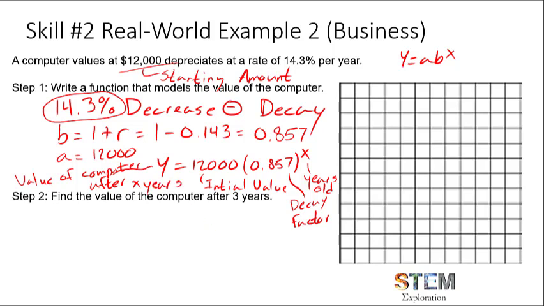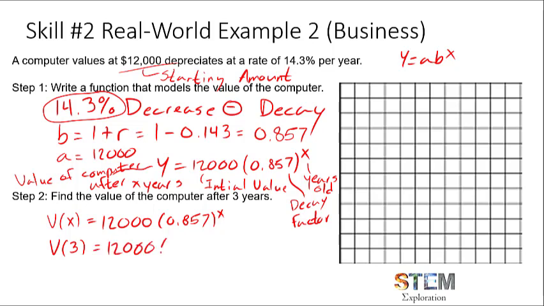All right. And so now it says define the value of the computer after 3 years. So what we can do is put this in function notation. We could say something like value of x equals $12,000 times 0.857 to the x power, and then ask what's the value of the computer after 3 years?